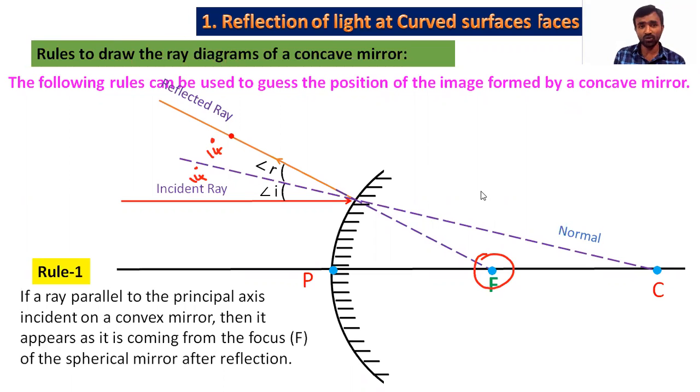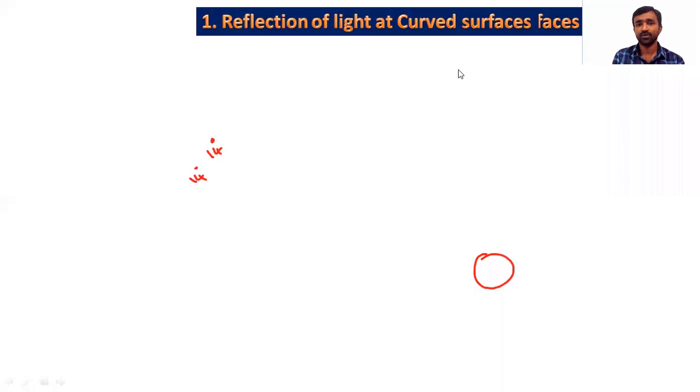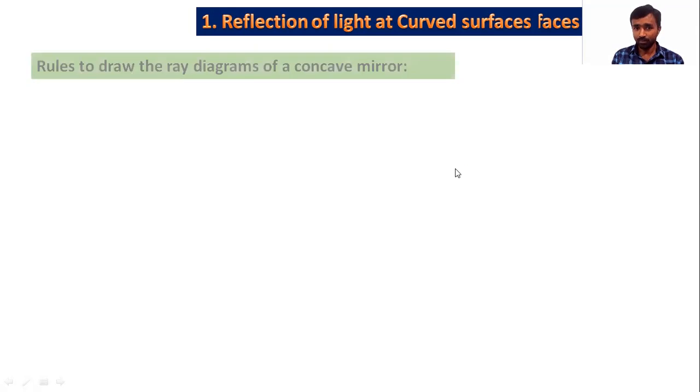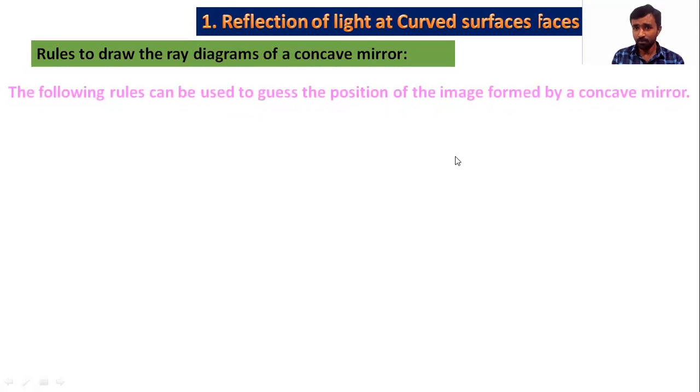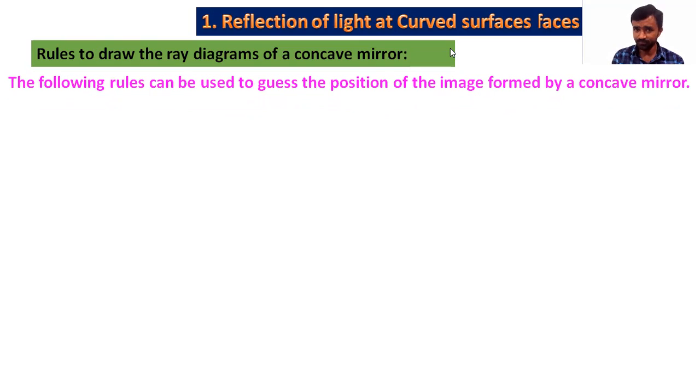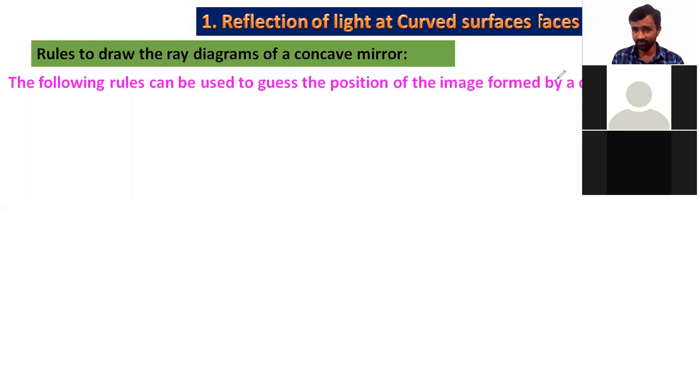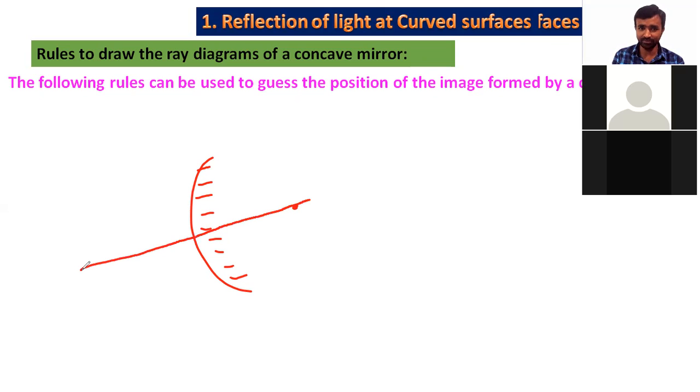So what is the second rule? For a concave mirror, it is passing through the focus, right? But in the case of a convex mirror, is passing through the focus possible? Why? Why not? Anyone? The question is given to you. For a convex mirror, the focus is located behind the mirror.